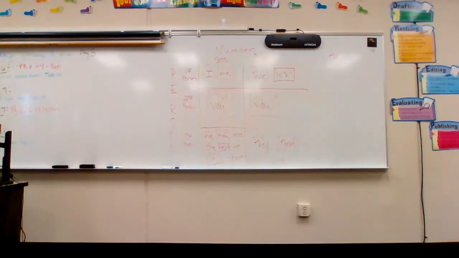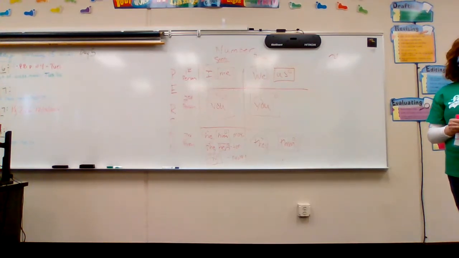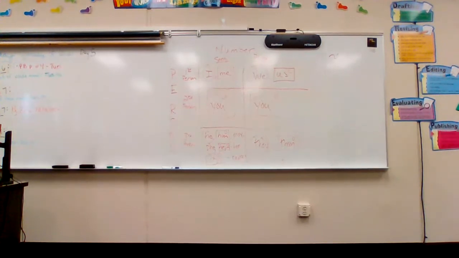Lincoln liked to entertain people, and he often told them amusing stories. So remember, an object can also be an indirect object. In that case, it's an indirect object. So remember, an indirect object answers to whom, okay?